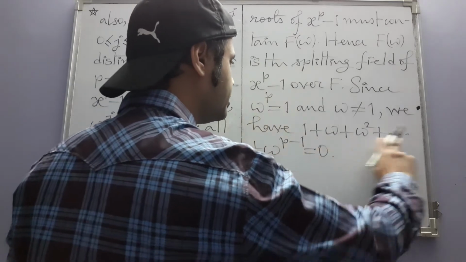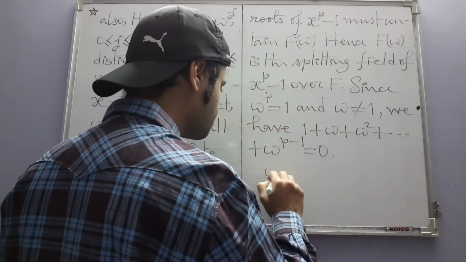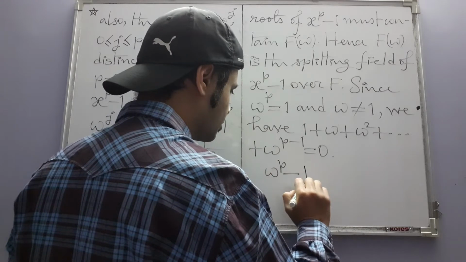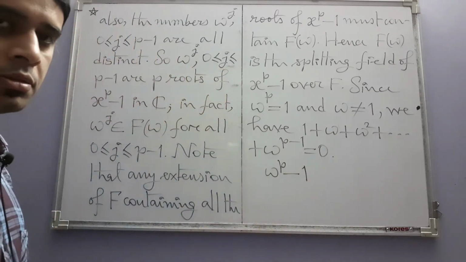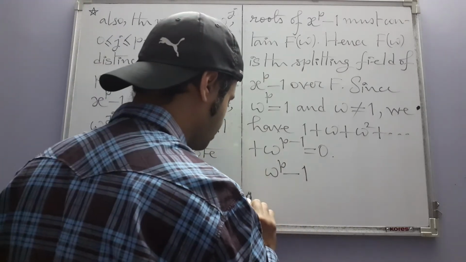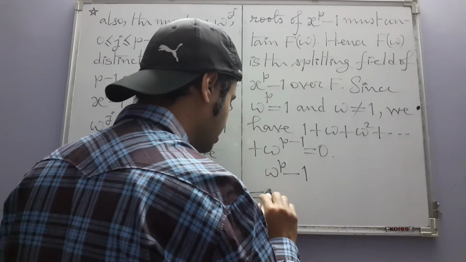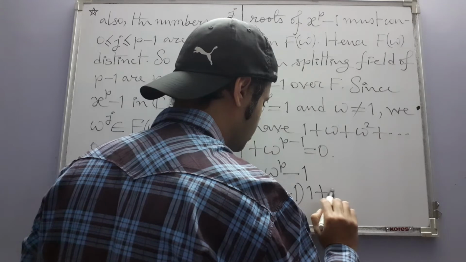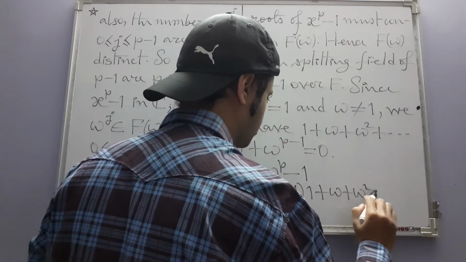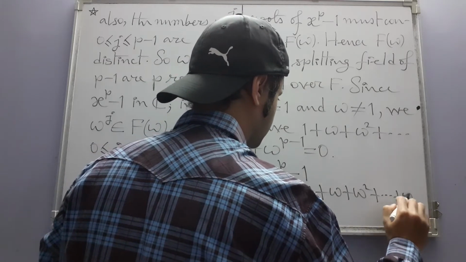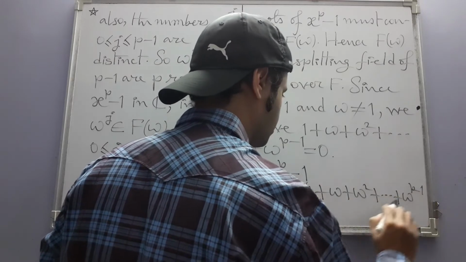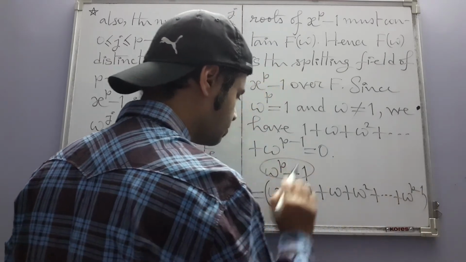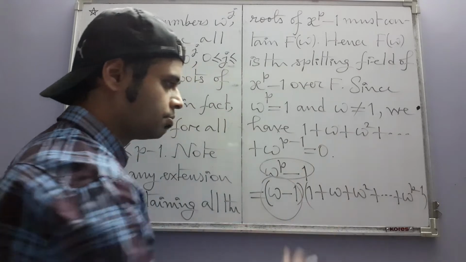But where are we getting this from? We are getting this from the factorization of x to the p minus 1, which you know from elementary algebra can be factorized like this. This is 0, this is non-zero, so this should be equal to 0.